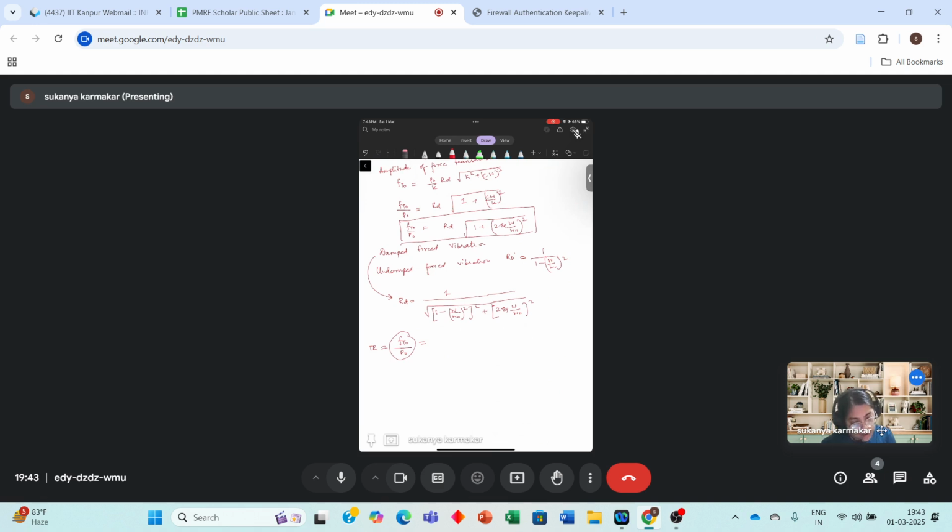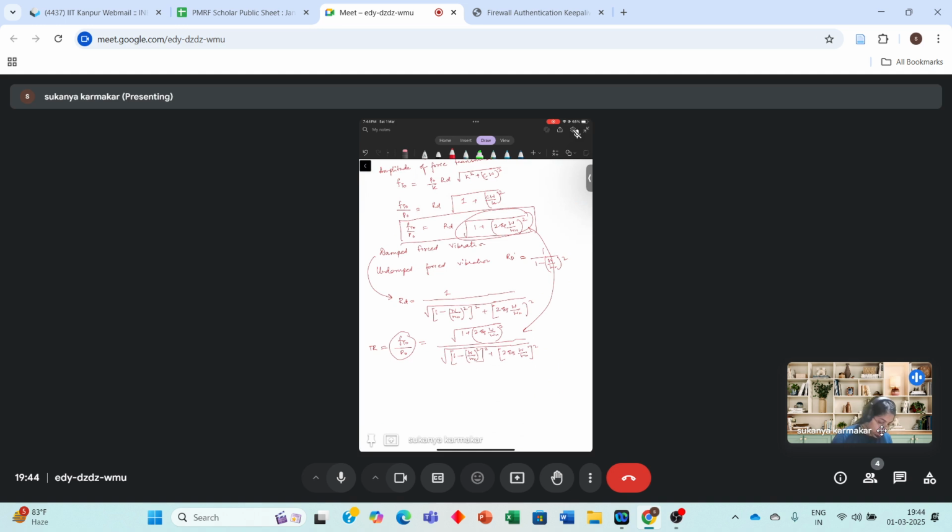If you use that, let's substitute Rd, which is this, 1 minus omega by omega n whole square plus 2 zeta omega by omega n whole square, and from here this numerator will come, under root of 1 plus 2 zeta omega by omega n whole square.